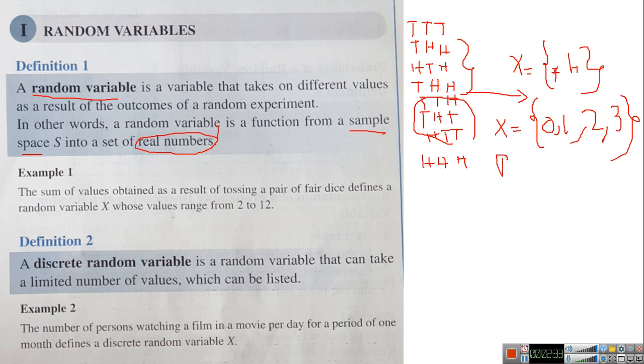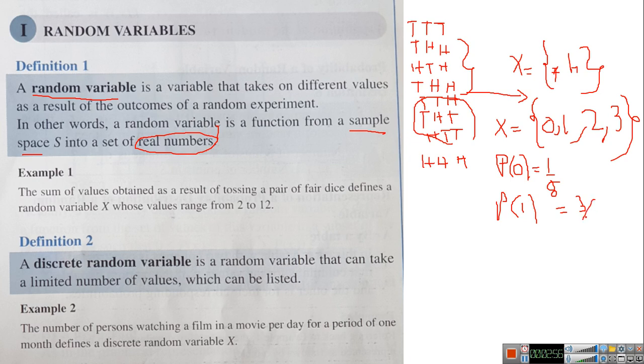So P of 0 is 1 over 8. P of 1 means I have only 1 head and 2 tails, like this, so it's half times half times half, 1 over 8. How many times? It's 3 over 8. So P of 1 is 3 over 8.